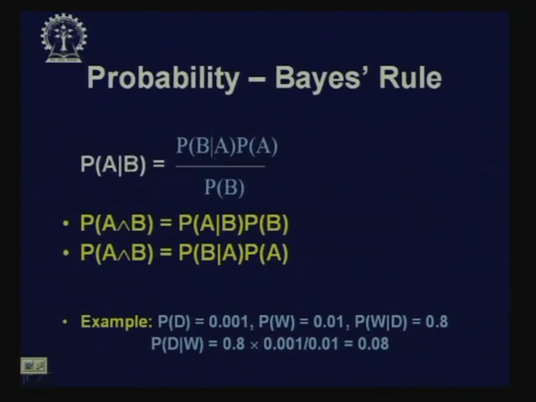Here we are trying to find a conditional probability: the probability of A occurring when B is known. Now, if we know the a priori probability of A, the a priori probability of B, and also the probability of B occurring when A occurs, the reverse relationship.